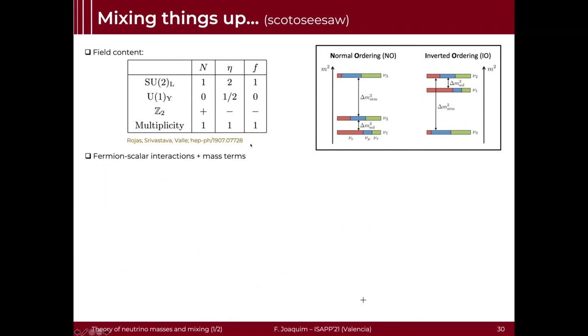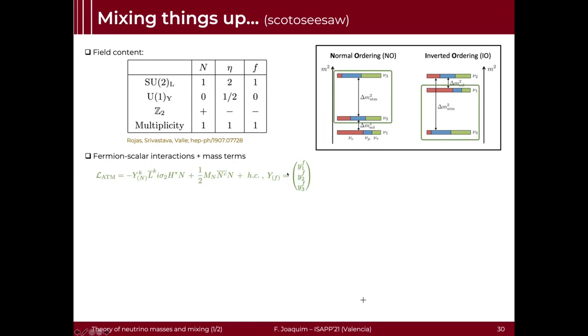So what you do is you take one copy of the fermion that you had in the scotogenic model. You take one copy of the fermion singlet that you have in the type 1 seesaw. You give these Z2 assignments to the fields. So the new R, which is the same as the one that we were adding in the type 1, is even, the doublet eta is odd, and F is odd.